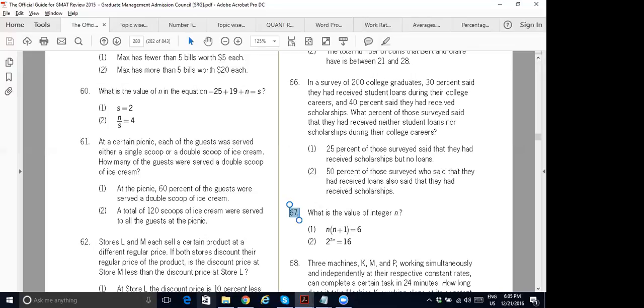But it is very, very important that whenever you are doing a sufficiency question, in the back of your mind, you should always be thinking to reject the statement. The first one you can reject the statement by taking n is equal to minus... Can you do it? Minus 2.